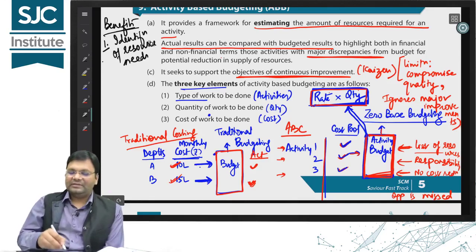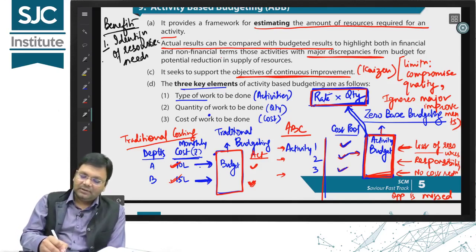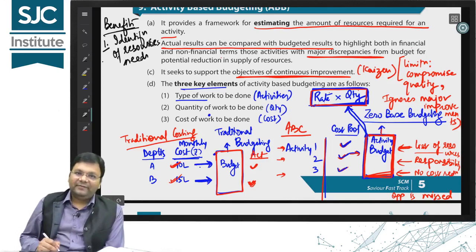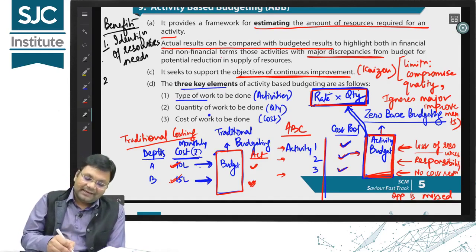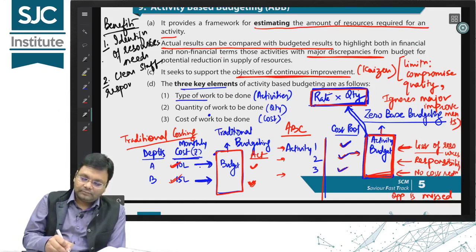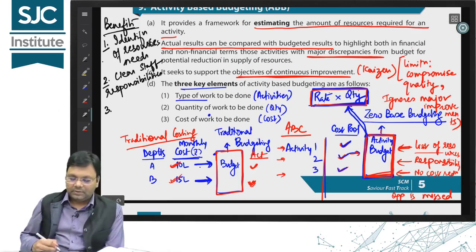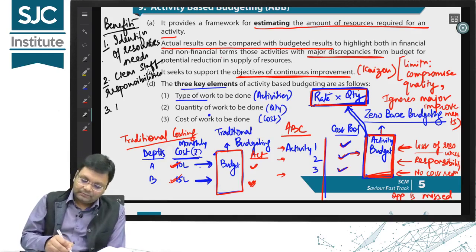Whatever resources are needed are easily identified, so we don't waste any resource. Second, clear staff responsibilities. Third is no inefficiency.